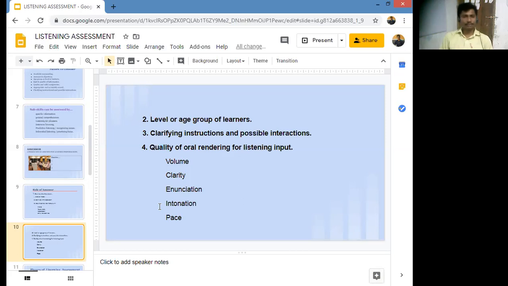The voice must be clear, the volume must be clear, our pronunciation, enunciation, and we must speak with the intonation pattern too.